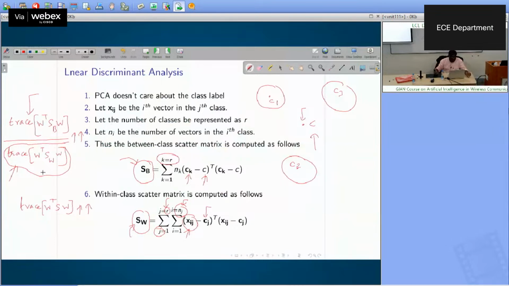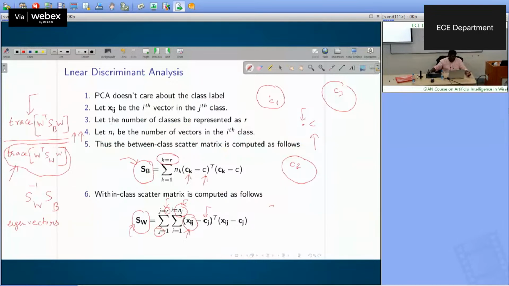But here, this is going to be different. The solution for this is similar to what we had for PCA: the eigenvectors corresponding to the significant eigenvalues of the matrix SW inverse SB.